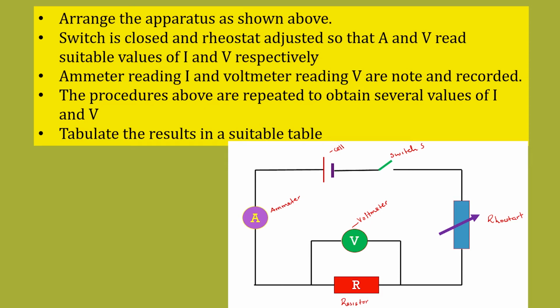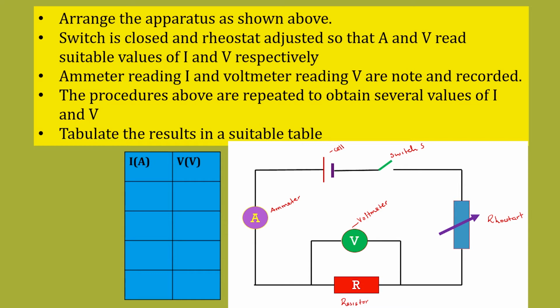After that, the ammeter reading I and the voltmeter reading V are noted and recorded in a suitable table. And the table is I in amperes and V in volts. The procedure above is repeated to obtain several values of I and V.